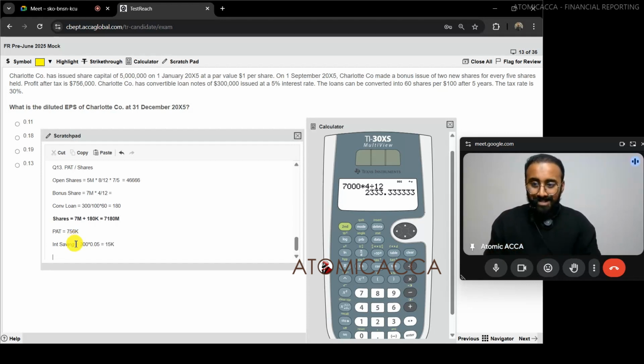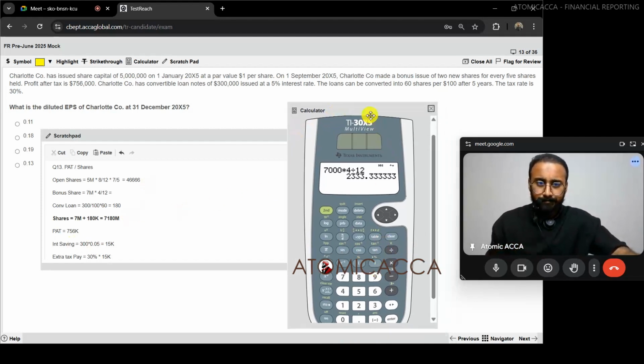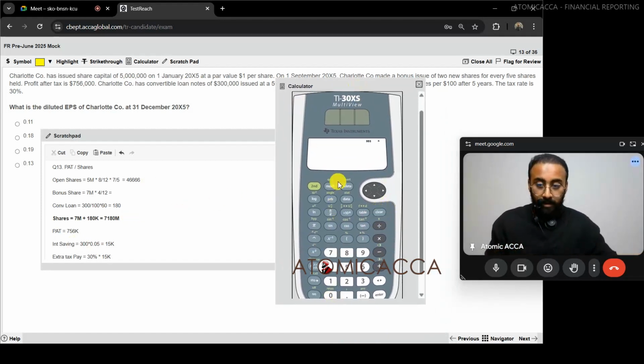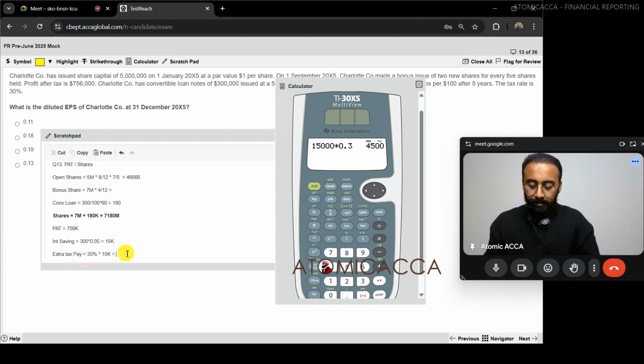But because profit will increase, you'll have to pay extra tax at 30% of that 15k. 10% of 15k is 1,500, so 30% is 4,500. Let's confirm: 15,000 multiplied by 0.3 is 4.5k.